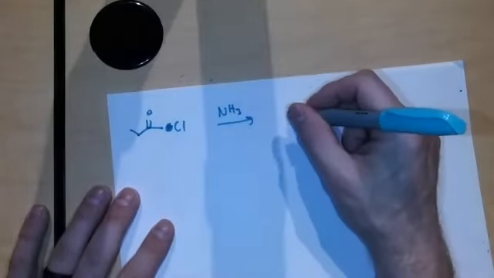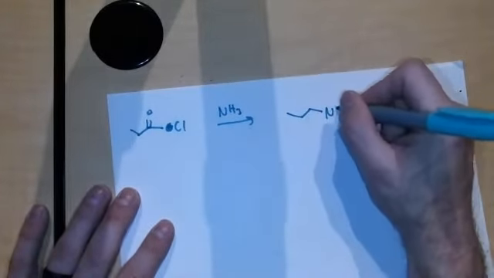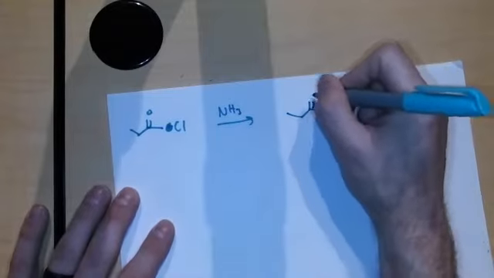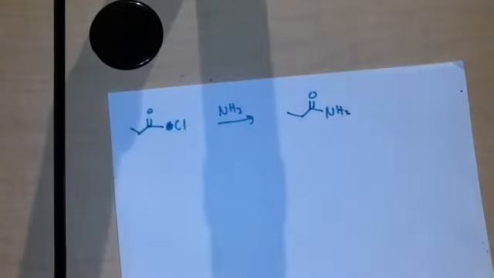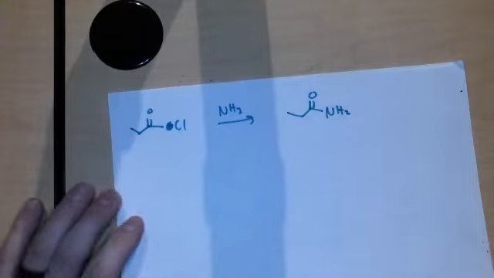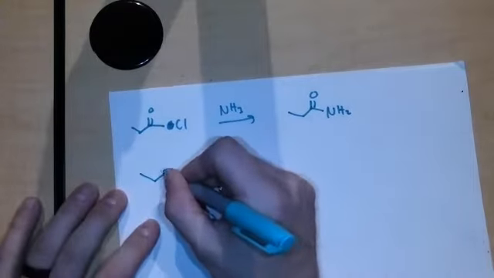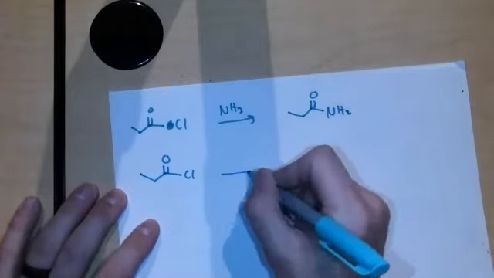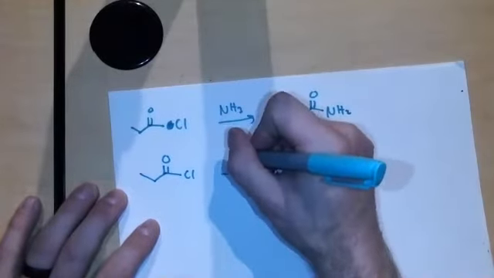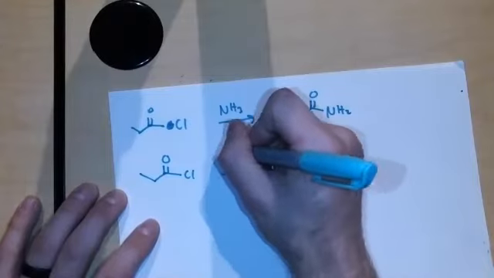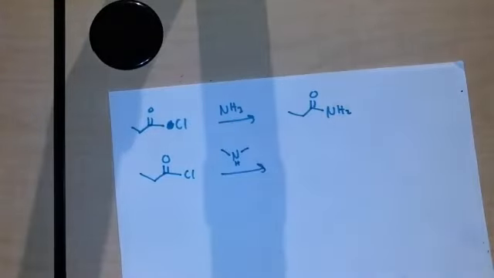It's going to kick out chlorine and make an amide here. I could also do this with dimethylamine. It's going to do the exact same thing.